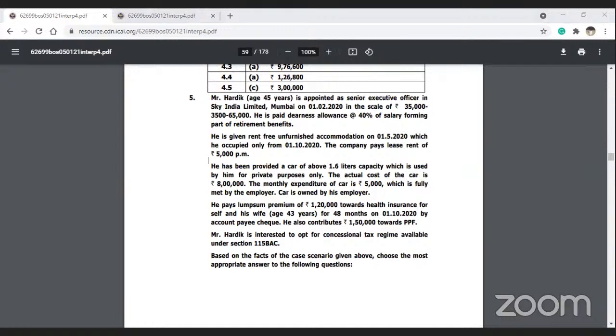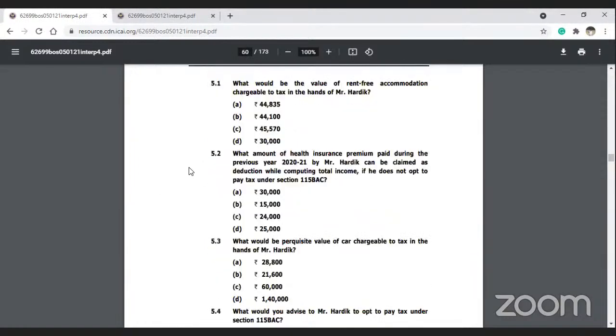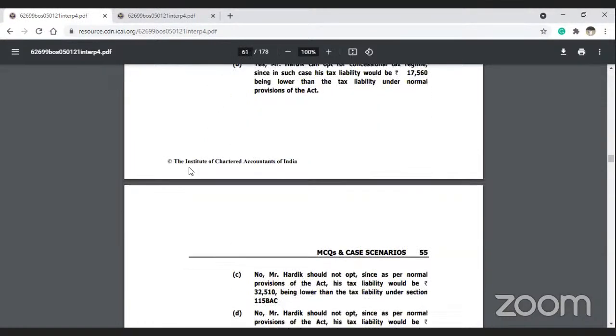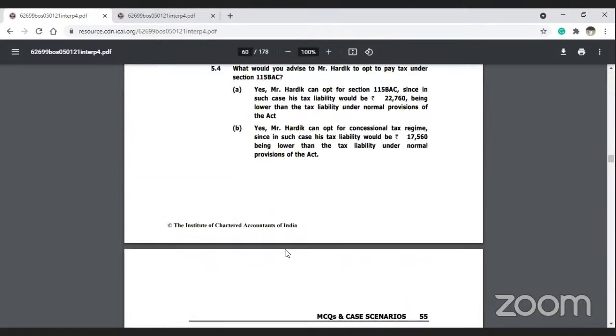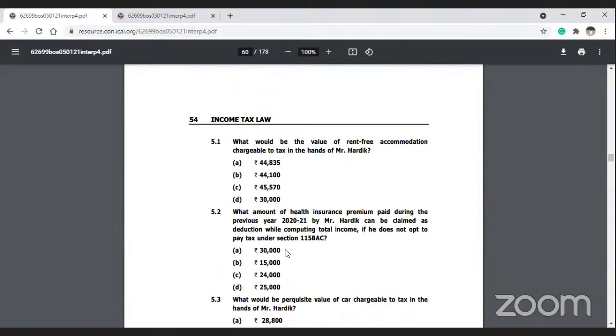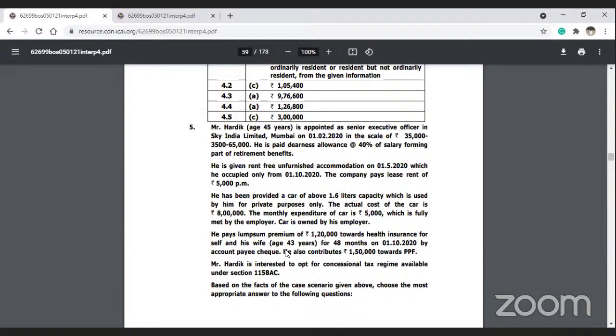Should we check the answer? Yes. It is 24,000. How? Okay, we'll check it once again. 1,20,000 for 4 years comes to 30,000 per year.